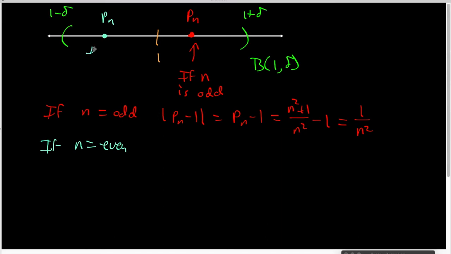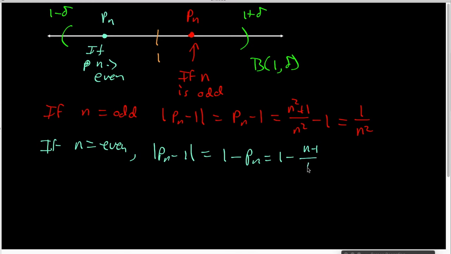And so I want to make that note. And in this case, the distance between Pn and 1 is going to be 1 minus Pn, and that would be 1 minus n minus 1 over n, and it turns out that that winds up being 1 over n.